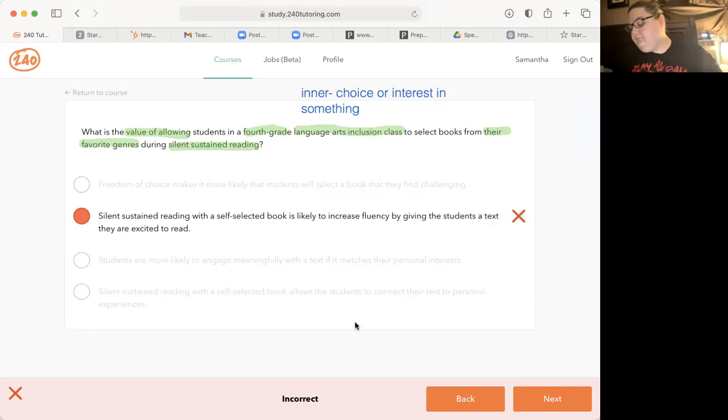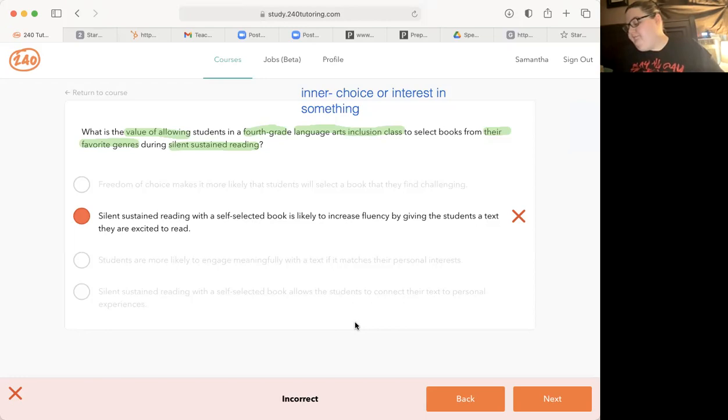And we count the miscues as a student reads the text of 100 words. So I did one mistake. So 0 to 1 mistake is at the independent level. Right, so 0 to 1 miscues.